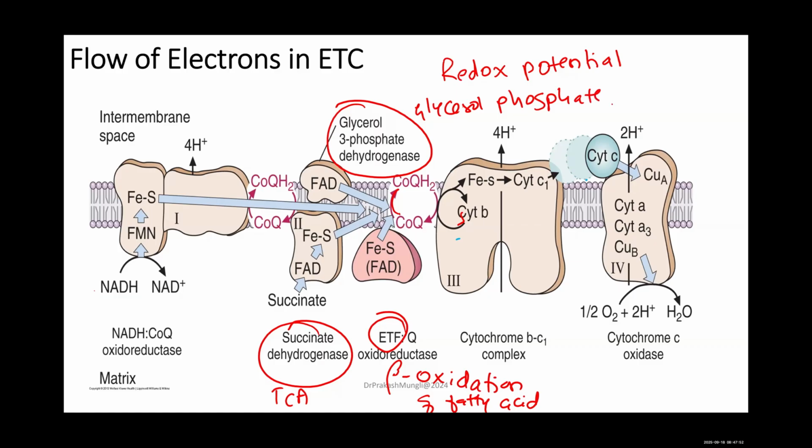We're going to study the glycerol phosphate shuttle in glycolysis, and that is also acting as complex 2. So depending on the tissue type, the requirement of the cell, and which metabolic pathway you are looking at, they give their electrons and protons to the electron transport chain. So considering all that, we have 3 complex 2s: succinate dehydrogenase, electron transferring flavoprotein, and glycerol 3-phosphate dehydrogenase.